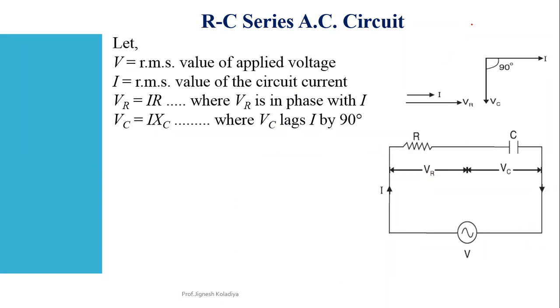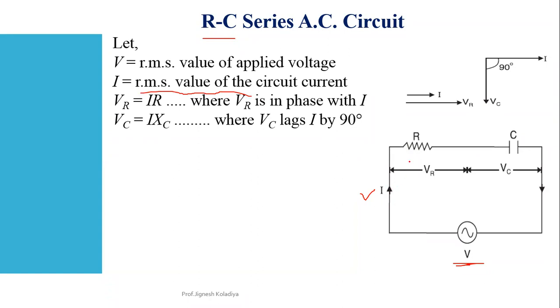Next is the RC series circuit. What we are doing is replacing the inductor from the previous topic with a capacitor, and we'll analyze what will happen if one capacitor is connected in series with the resistor. Again, this is my RMS value of the voltage. When we apply this voltage to the circuit, we'll have the current capital I, which is also the RMS value.